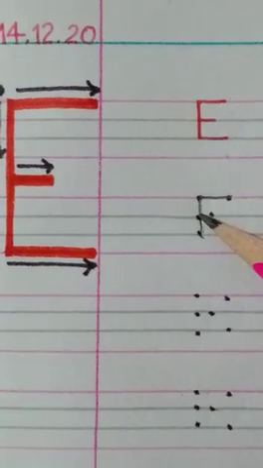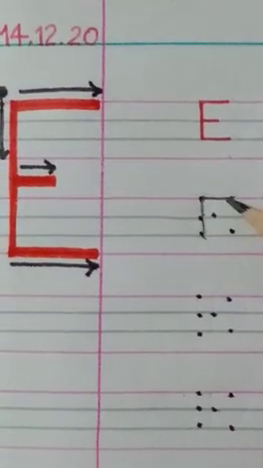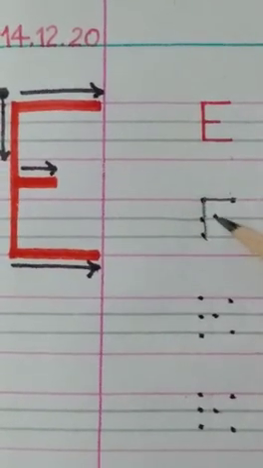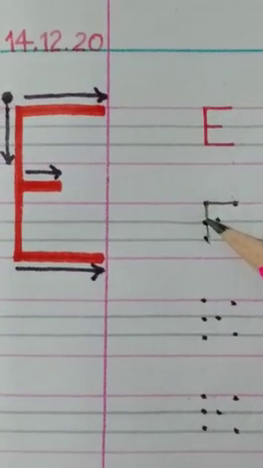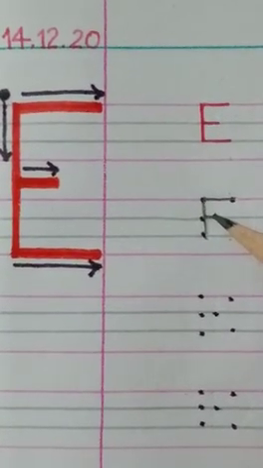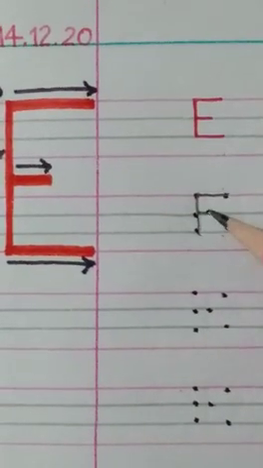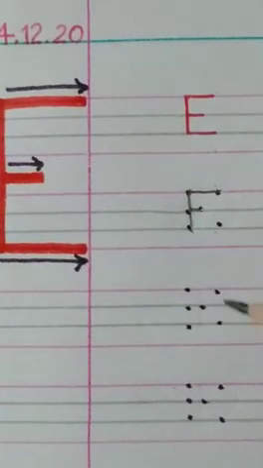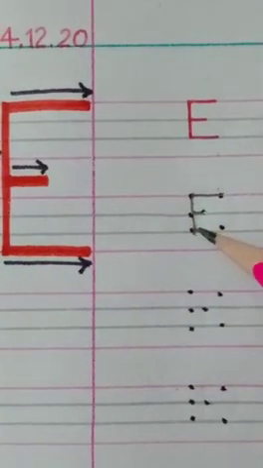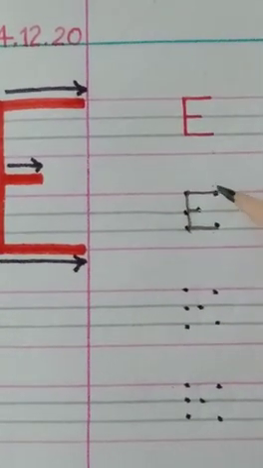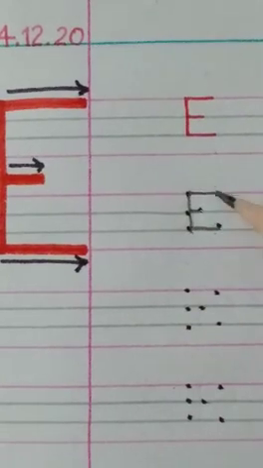Second one will be among these horizontal lines, the second one. Otherwise, this is the third one. The second line will be smaller. So I have applied the dot according to this requirement. And the third one will be again equal to the second one.